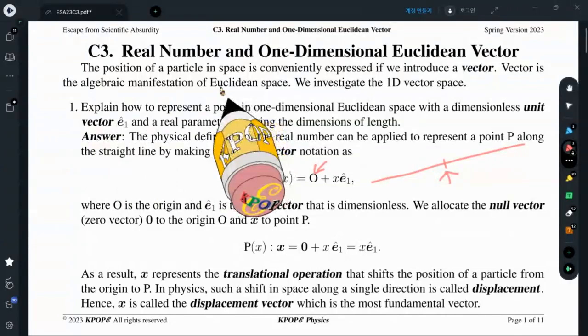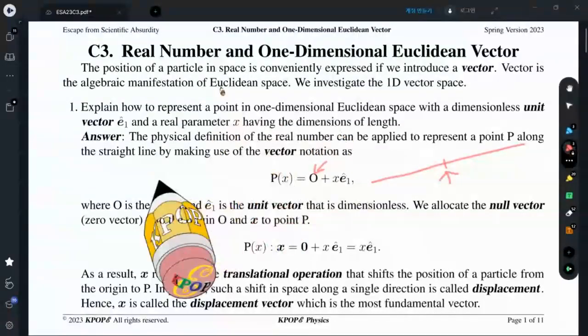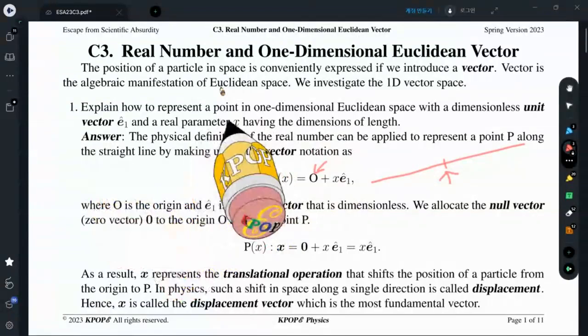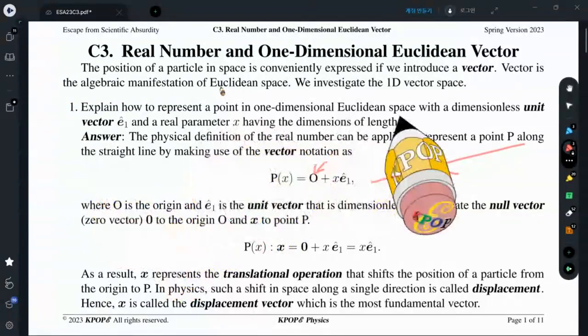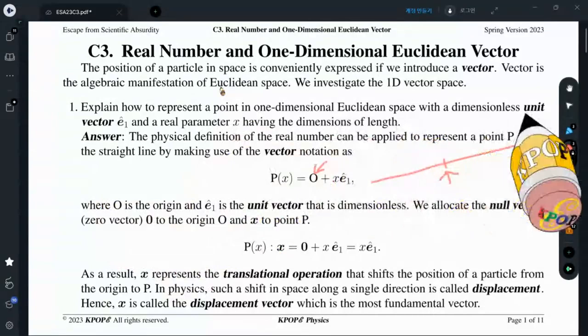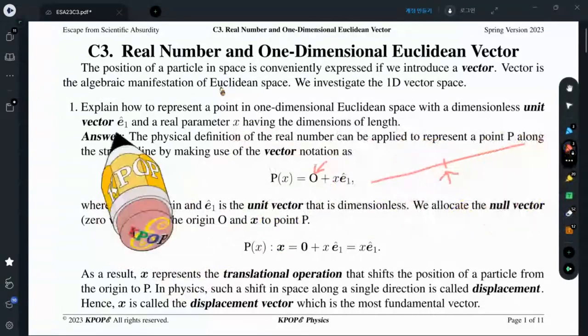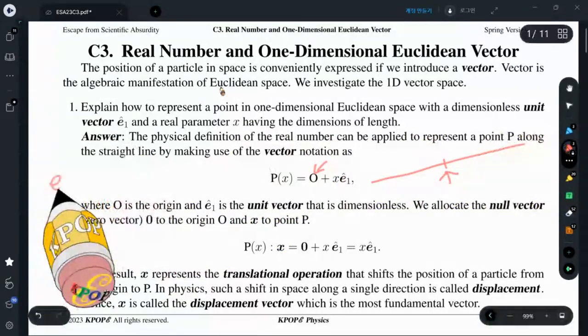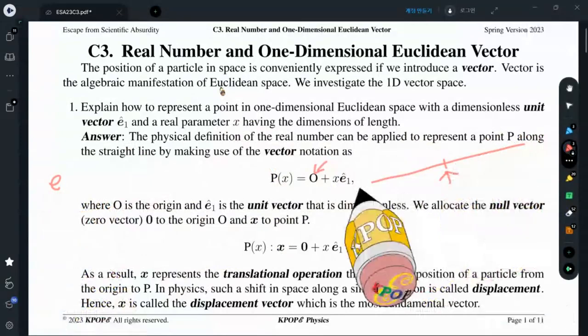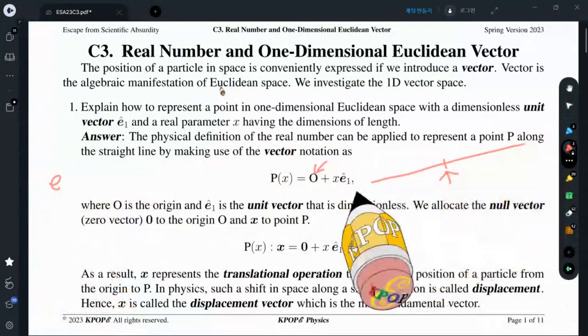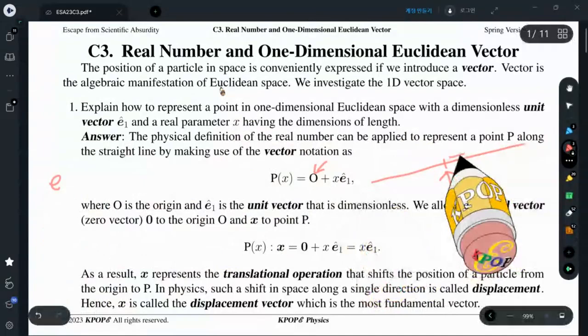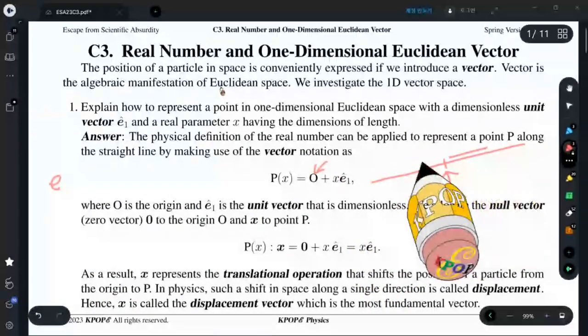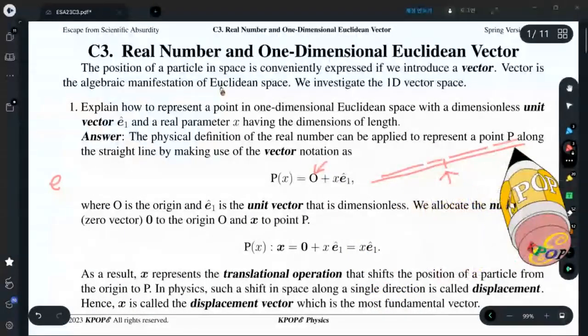We investigate the one-dimensional vector space. Explain how to represent a point in one-dimensional Euclidean space with a dimensionless unit vector. Unit vector: there is a straight line, and any line segment is parallel to this line.